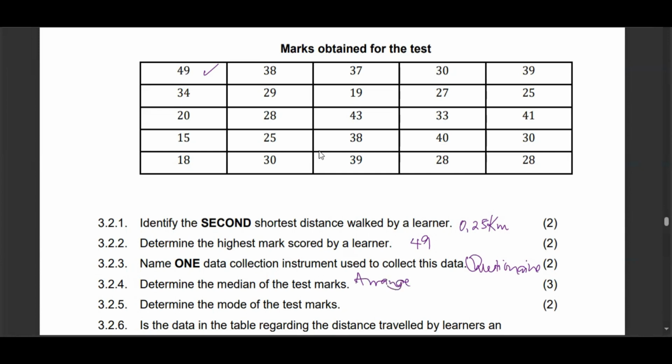The mode is supposed to be the mode mark. Let's see. We have 38, 38, 28, 28, 28.